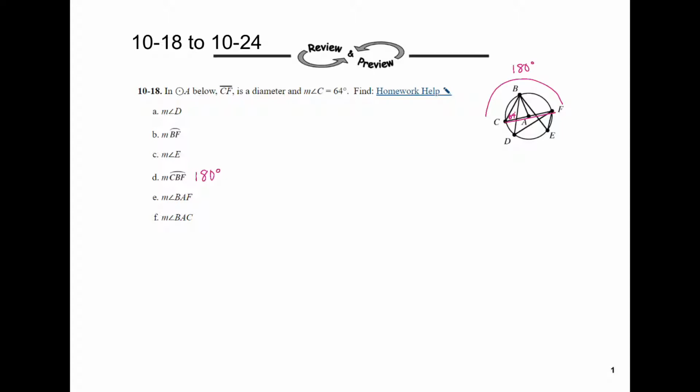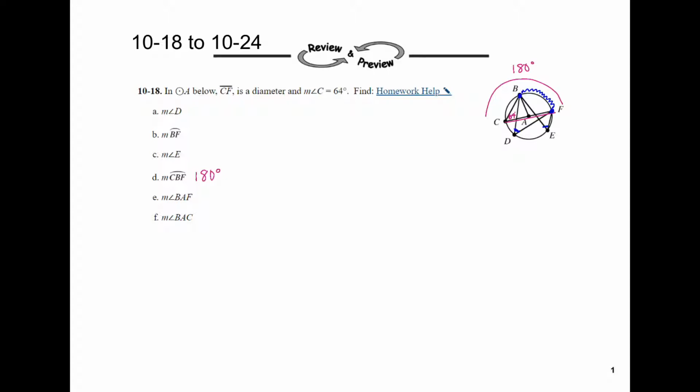It asked for the measure of angle E, the measure of angle D. So when I look at the measure of angle D and the measure of angle E, I notice that both of those angles contain the same endpoints, which is arc BF.